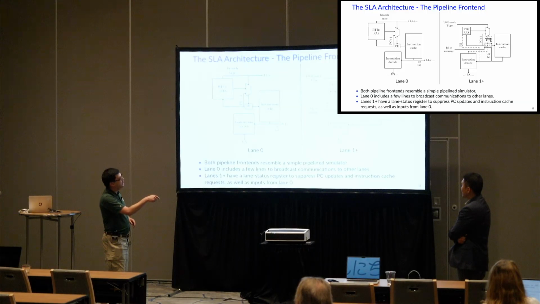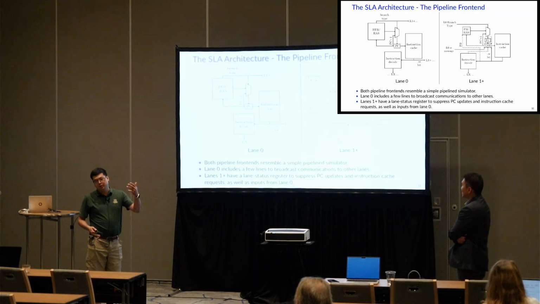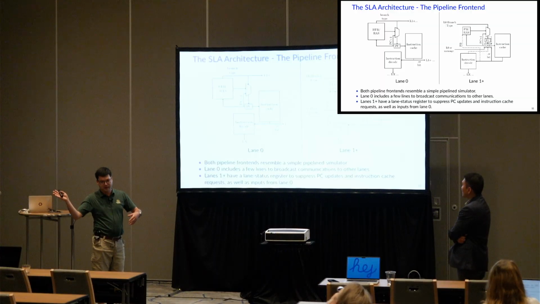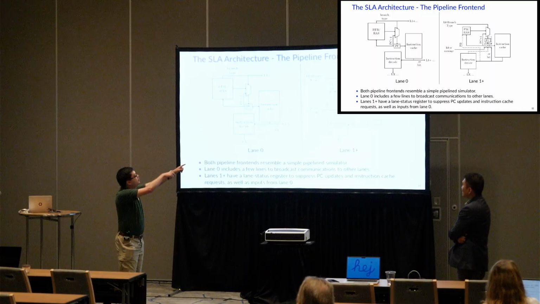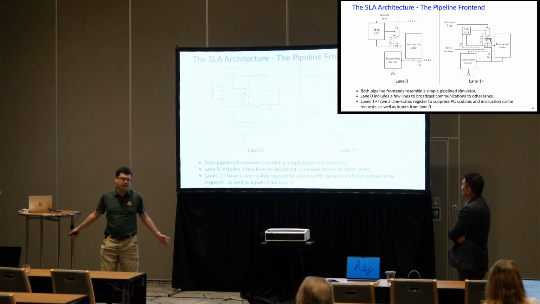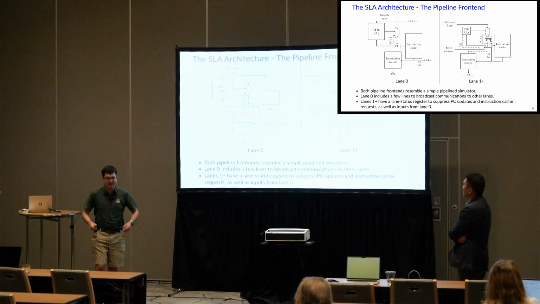If I predict taken in lane 0, all other lanes have an instruction called a prepare branch instruction that, before any branch is taken, they'll all get one. If a branch is taken, it says copy the PB register into the PC and start executing there. Naively, you don't need to know why, you just need to be told to do it. Okay, got it. Does that help a little bit?